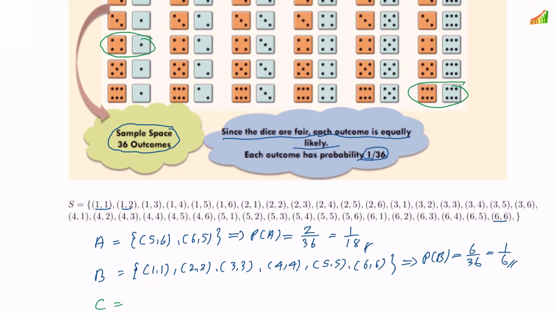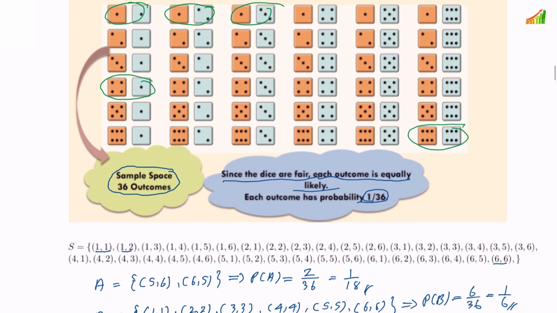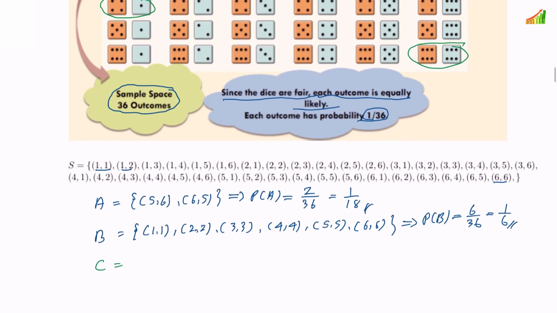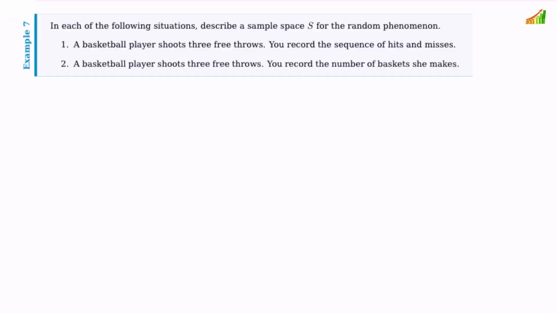Actually the sum of each outcome is 12 or less than 12, right? Therefore C equals S. So what is the probability of C? The number of elements is 36, and here also 36 total. Therefore the probability is 1.